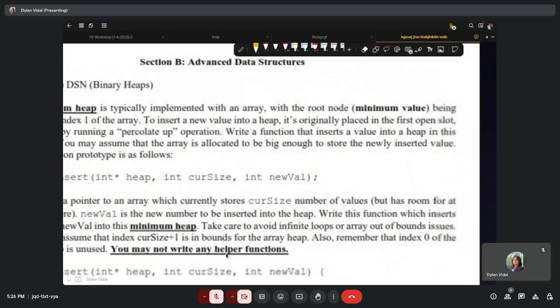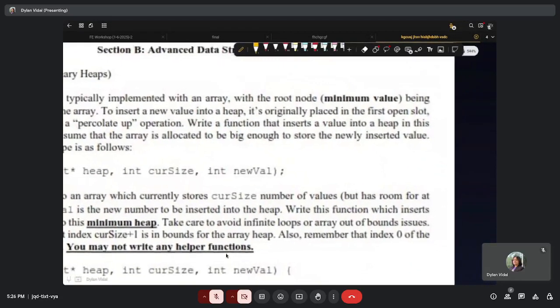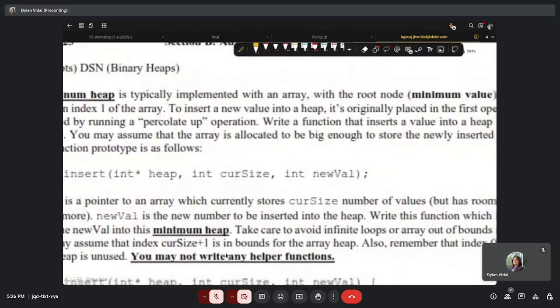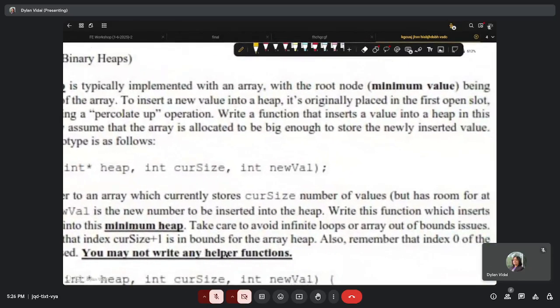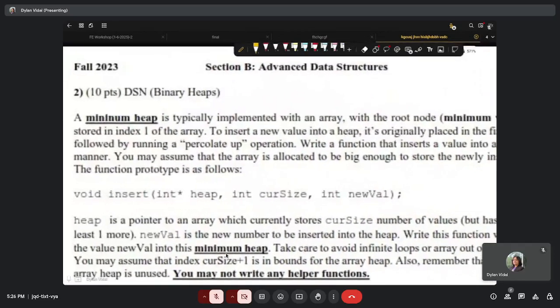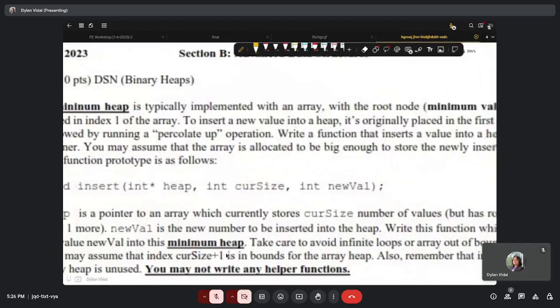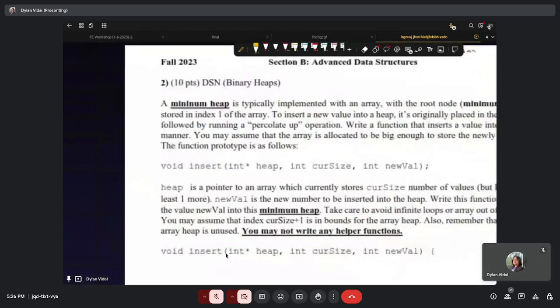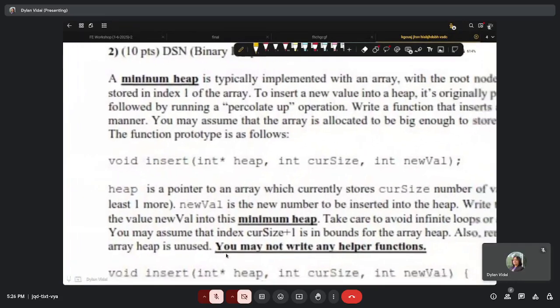To insert a new value into the heap, it's originally placed in the first open slot, followed by running a percolate up operation. Write a function that inserts a value into a heap in this manner. You may assume that the array is allocated to be big enough to store the newly inserted value. The function prototype is as follows.